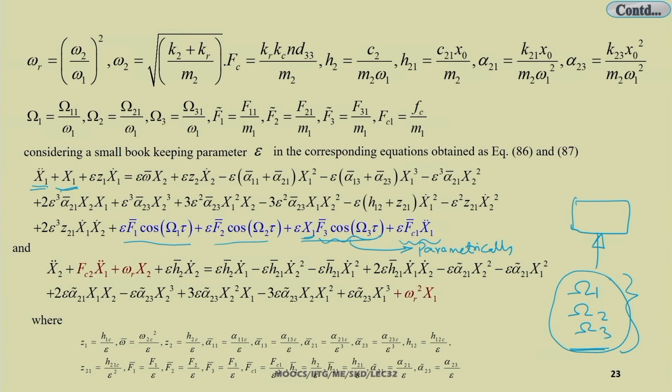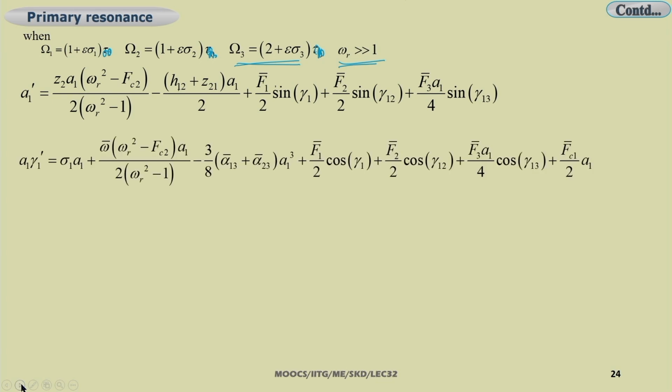That is why omega 3 is taken to be twice omega 1. Omega 1 is taken to be 1, so omega 3 is taken to be 2 plus epsilon sigma 3. This is the principal parametric resonance condition. So we are studying the primary resonance due to all these conditions.